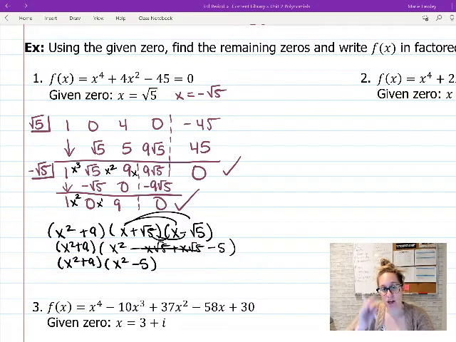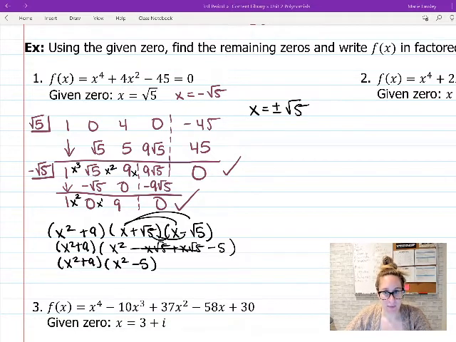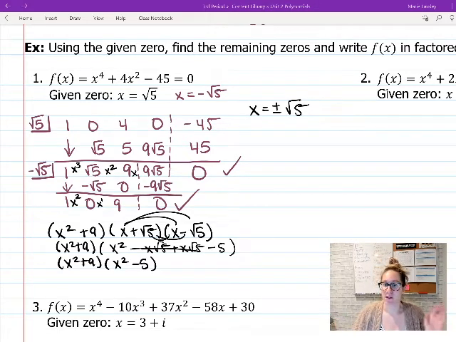The other way you can do this is by making your equation. When you have x equals root 5 and x equals negative root 5, you can work backwards. This was x equals plus or minus the square root of 5. Now you want to undo everything, so you want to undo square rooting.